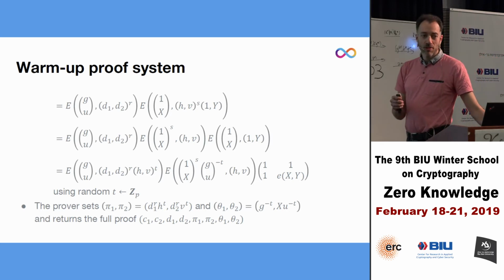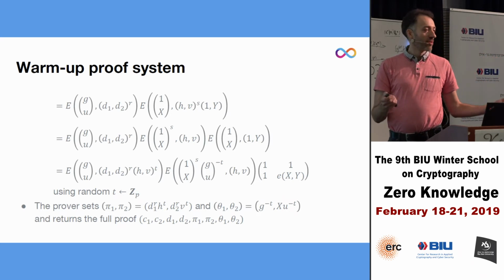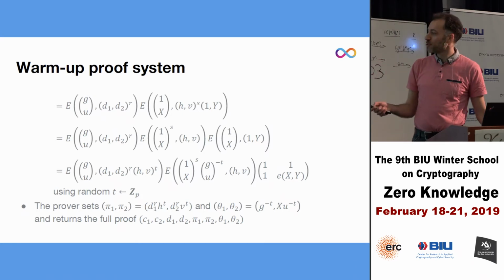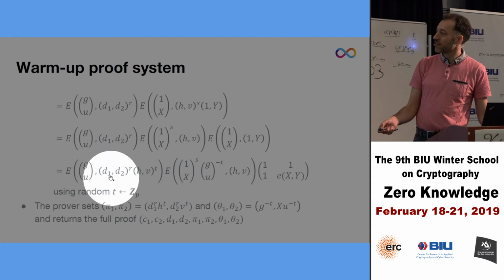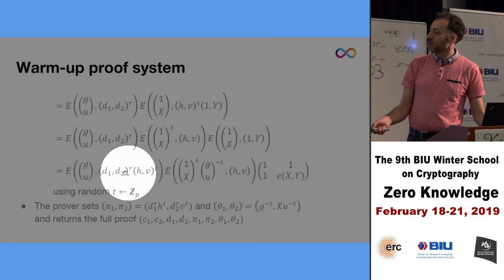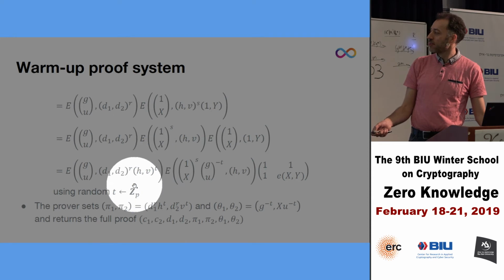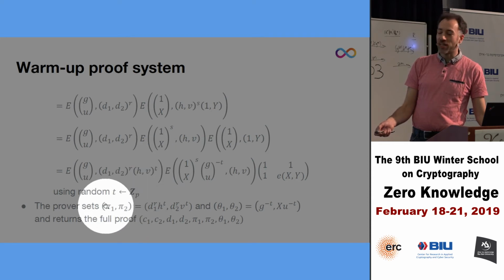Okay, so now I'll have to present the proof. What is the proof? Well, the proof is going to be these group elements. Okay, so there will be this vector with two group elements, D1, D2 to the R, HV to the T. And I'm going to call those pi1 and pi2.